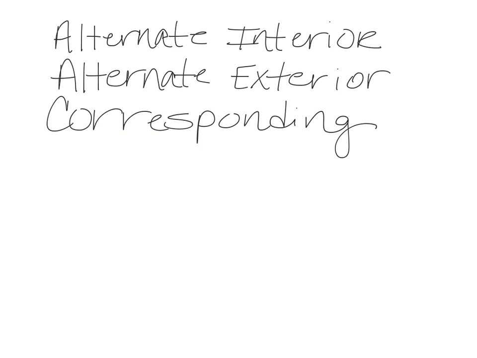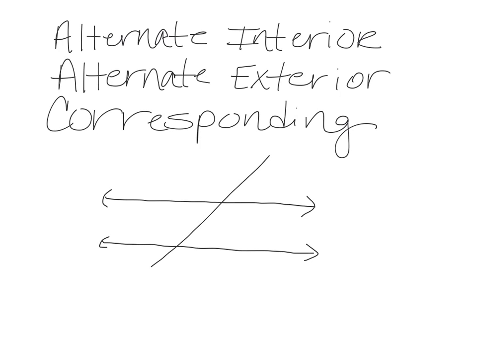Now this section has a lot of definitions in it, so I'm going to show you a couple more definitions here. We're going to go back to that same drawing that we've had with our two parallel lines and a transversal. And you just need to get these straight in your head. Let's start with corresponding. And we'll color that blue so that we can look at the places that they are.